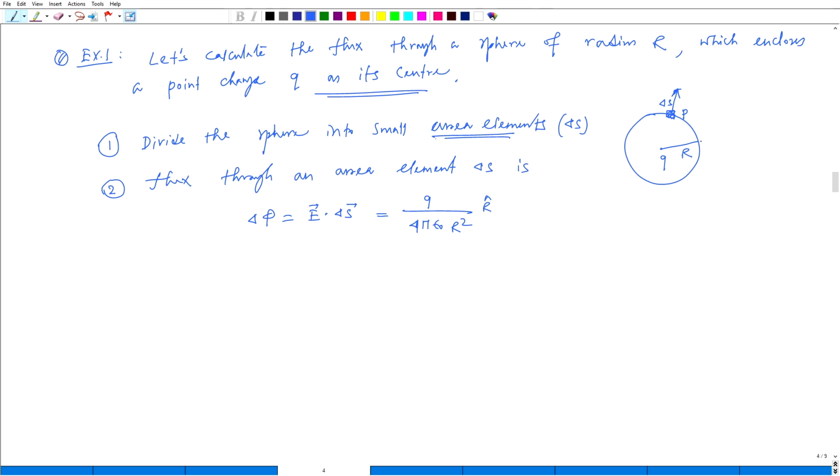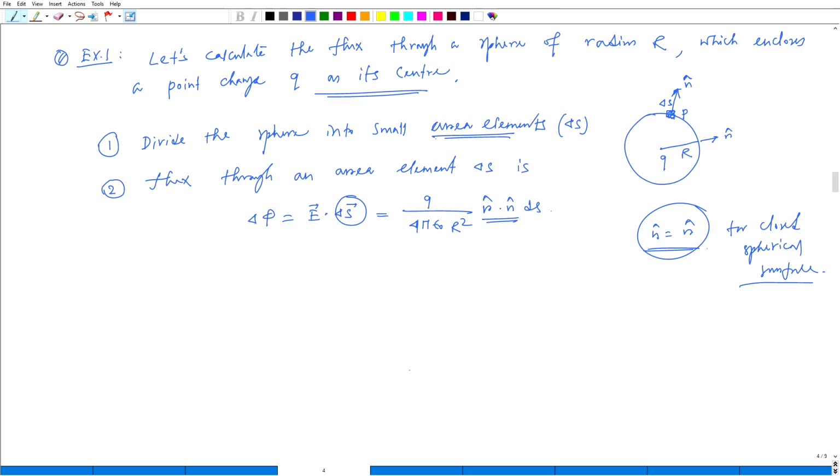The area vector delta S is radially outwards, so n cap delta S. For a closed spherical surface, n cap is basically r cap, so r cap dot r cap gives 1.